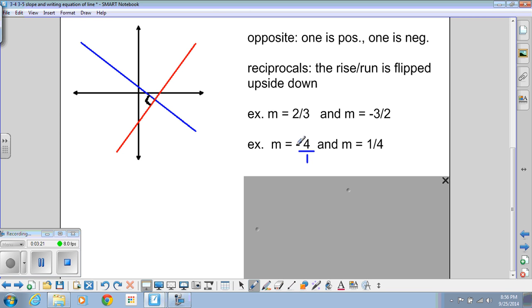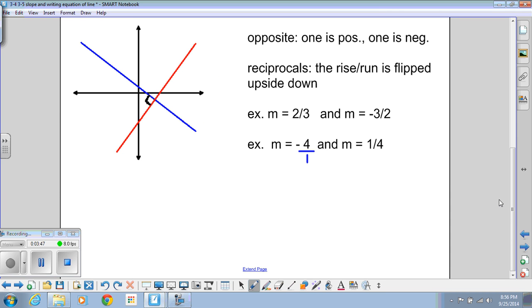So my rise is -4, so I'd be going down 4 and to the right 1. So that's why when I do the reciprocal of 4 over 1, when I flip that fraction around, I'm going to get 1/4. And again, notice that I originally had 4 was negative, so this opposite reciprocal has to be a positive 1/4. So that would mean that the red line would be a positive 1/4.